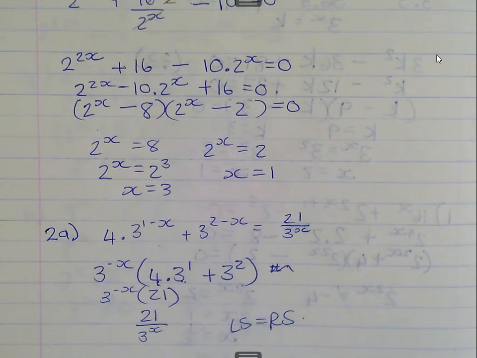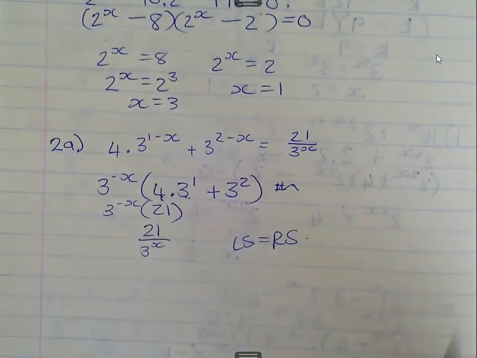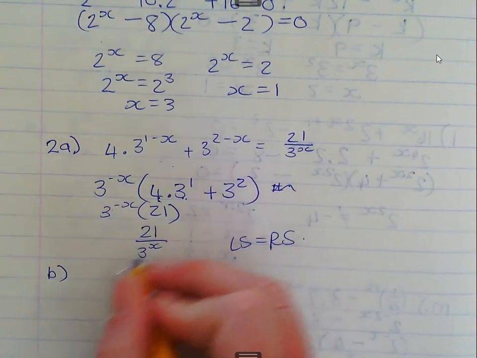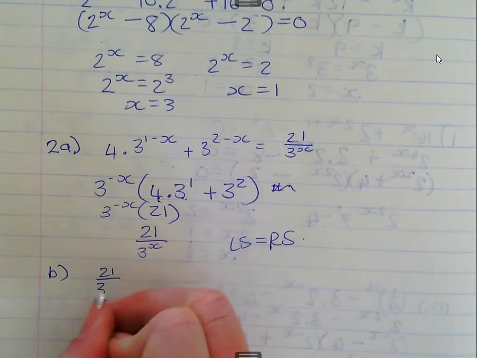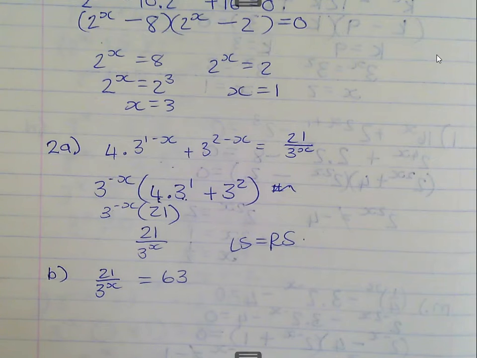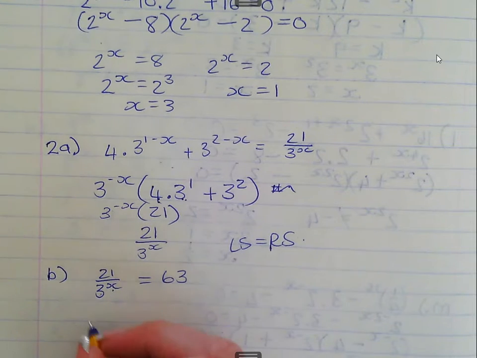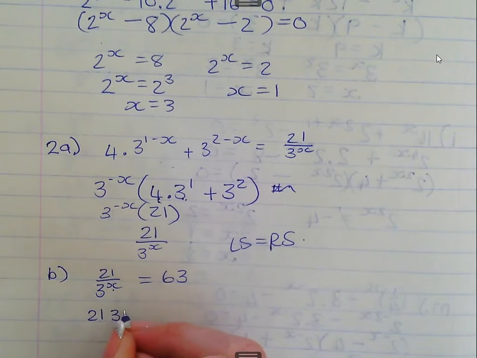So they say hence solve for x if that whole thing is equal to 63. So instead of taking that long one again, at B I just take the answer, 21 over 3 to the power of x equal to 63. Okay, I can't work with it when this is a denominator. So I'd rather write it as a negative exponent.